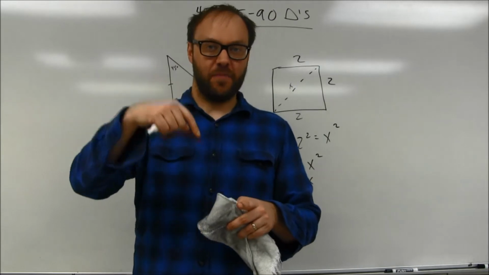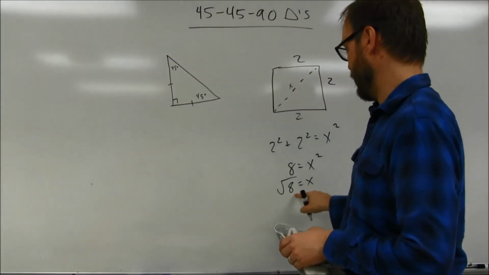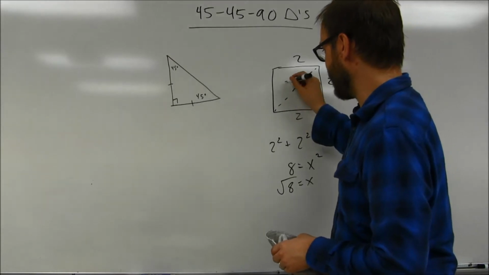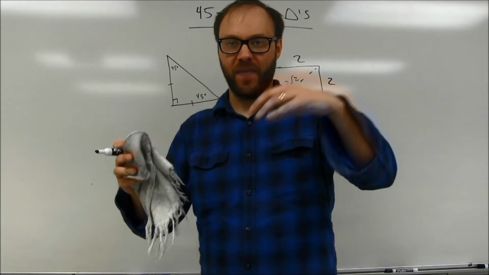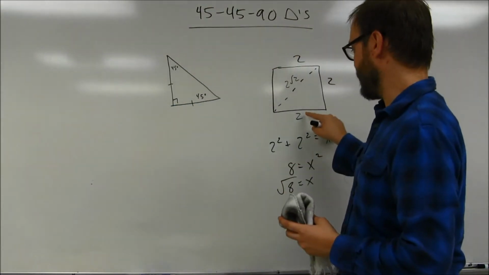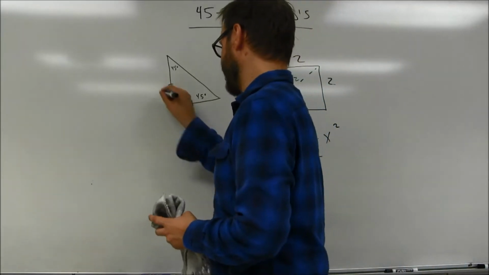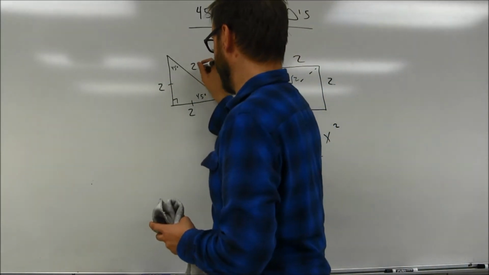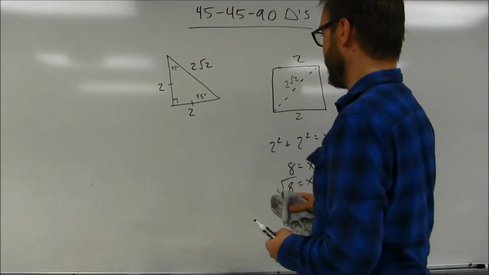The square root of 8 breaks up into the square root of 4 times the square root of 2. That diagonal ends up being 2 radical 2. So obviously there's no pattern here yet, but what we saw was I had legs of 2 and 2, and the hypotenuse was 2 radical 2. So I'm going to list that over here: 2, 2, and this side length is 2 radical 2. So there's one 45-45-90 triangle.